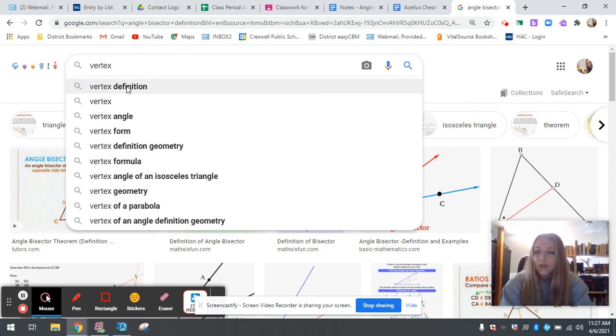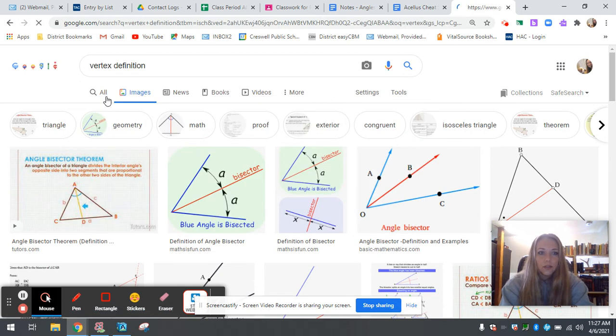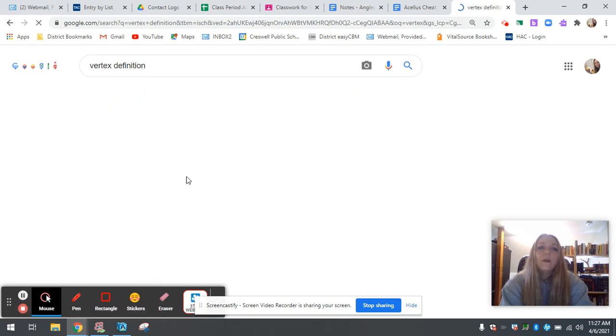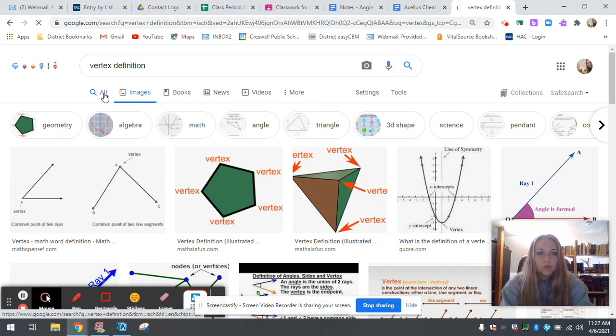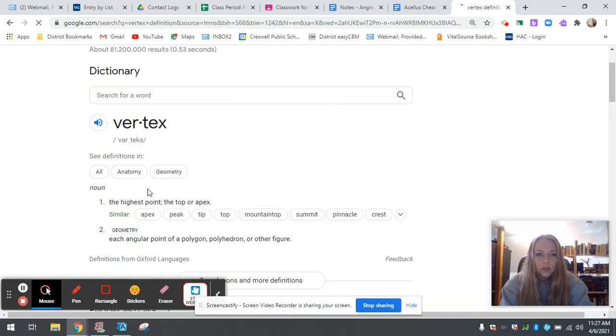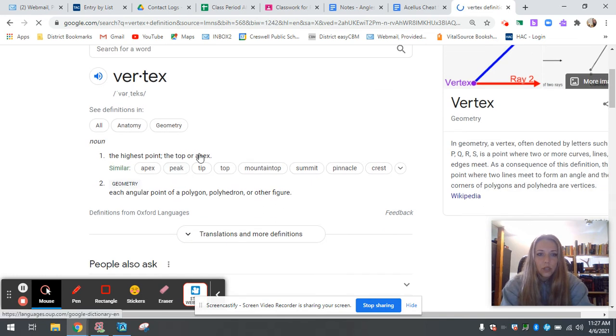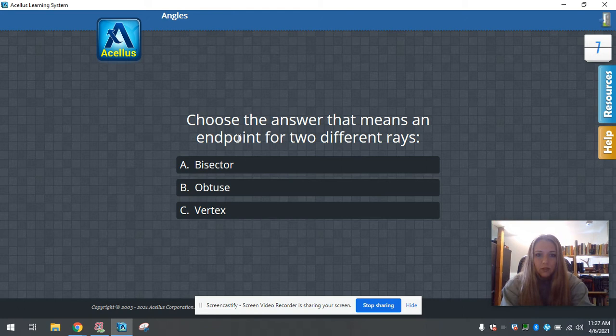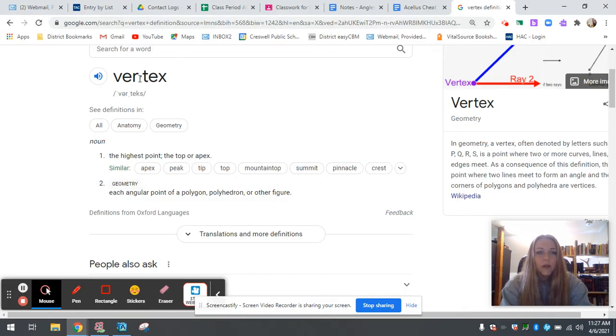So you could go ahead and Google vertex definition just to make sure that you're getting this right. I'm on images. I need to go to all. The highest point or top of an apex, that doesn't tell me this definition. So let's look up bisector.